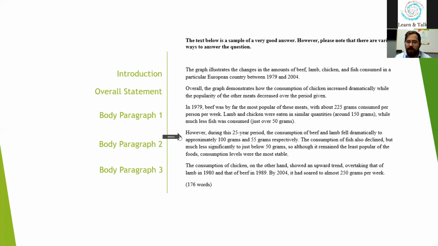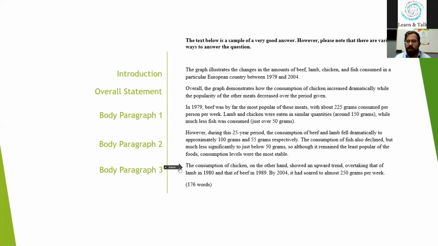Now you can see this paragraph compares the changes in beef, lamb, and fish. And then the final paragraph focuses just on chicken. So the consumption of chicken, on the other hand, showed an upward trend, overtaking that of lamb in 1980 and that of beef in 1989. By 2004, it had soared to almost 250 grams per week.